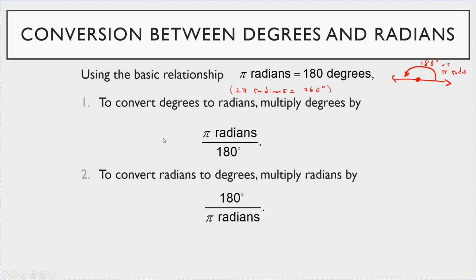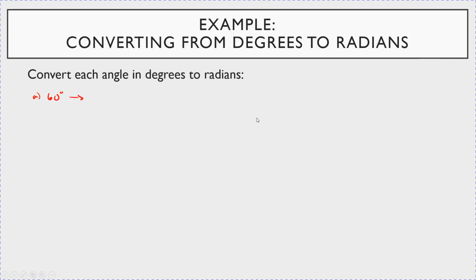All right, so all you're going to do is take the 60 degrees and multiply it by pi radians divided by 180 degrees. So 60 degrees times pi radians over 180 degrees. Well, what happens? The degrees cancel, okay?